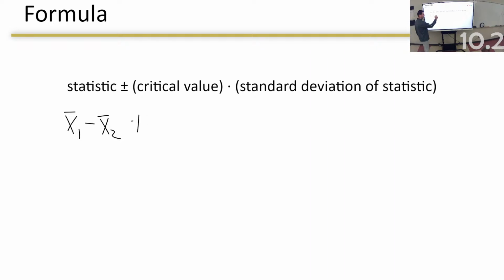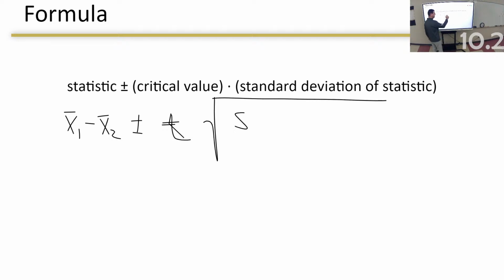Plus or minus, it's still going to be a t critical value. It's still going to be t's. Every time you're dealing with means, you're dealing with t's, not z's. And then the standard deviation of the statistic is starting to get kind of nasty. We have to square the first one and divide it by n1.